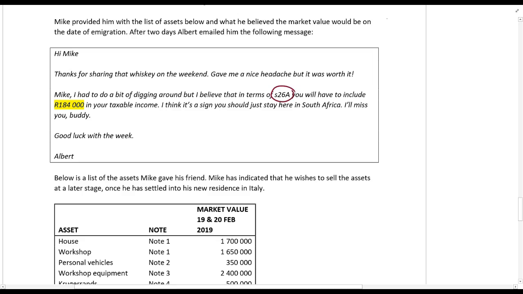So, Section 26A is a section that tells you that you need to calculate the taxable capital gain in terms of the H schedule and include it in taxable income. So basically what this is saying is that there will be a taxable capital gain of 184,000 rands. Why would there be potentially a capital gain?